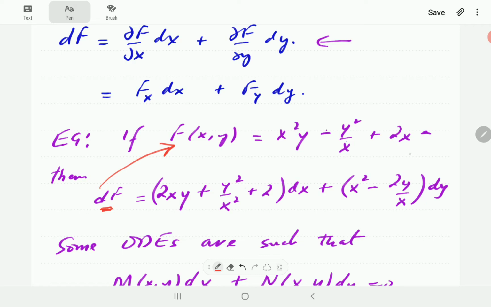We've already seen that going this way involves partial differentiation, so we should expect that going the other way around is going to involve integration.